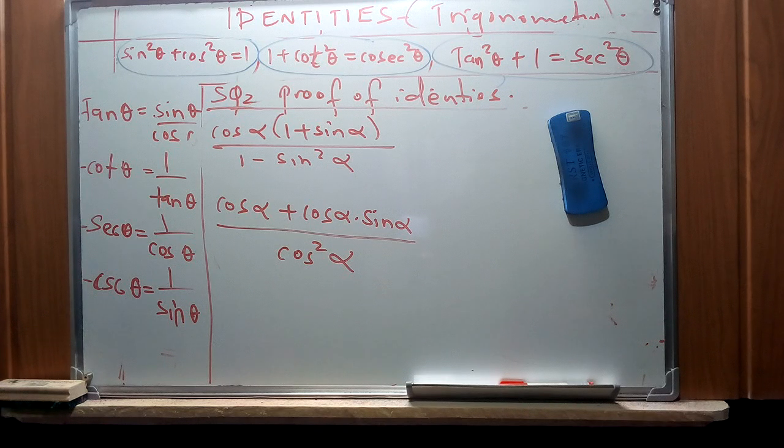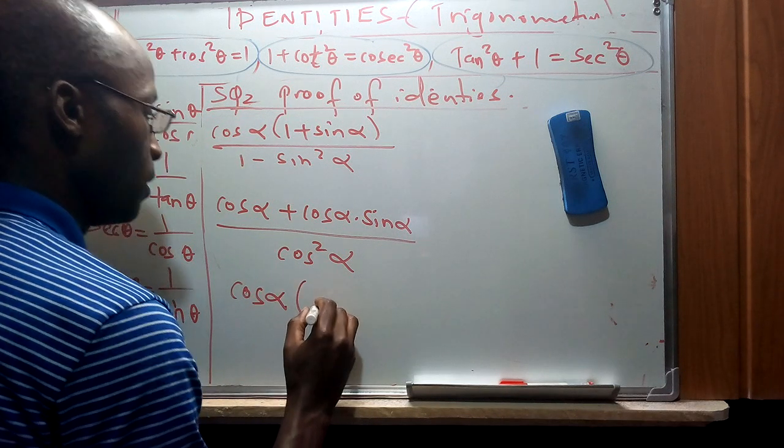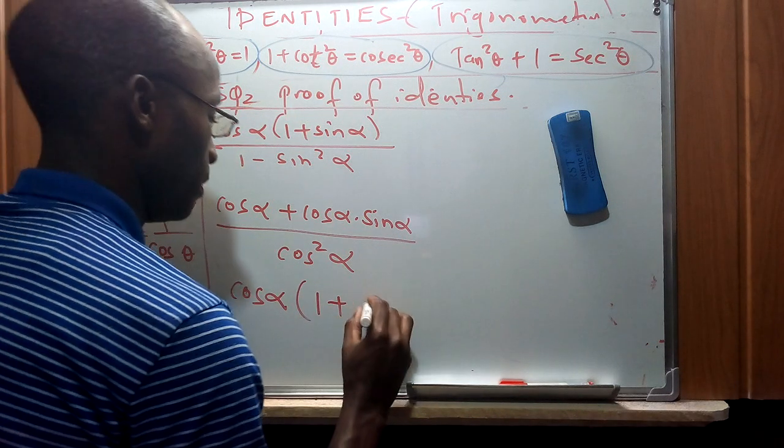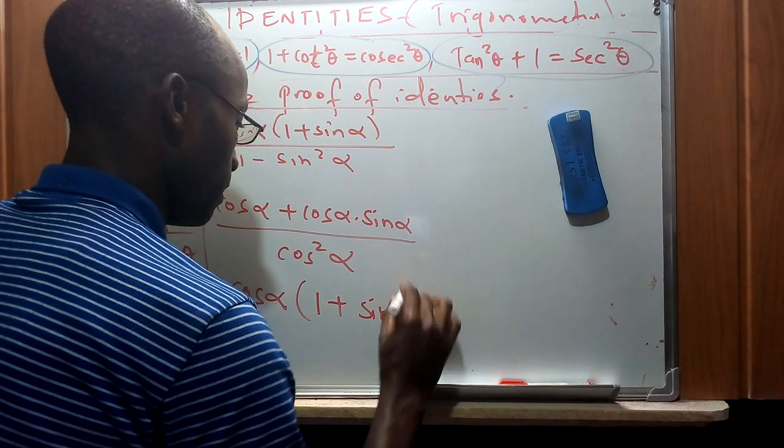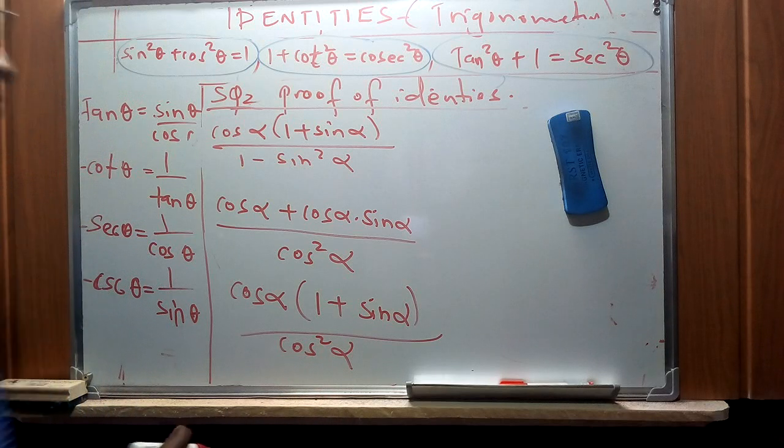Now this is going to simplify into cosine alpha into 1 plus the sine of alpha all over cosine squared alpha.